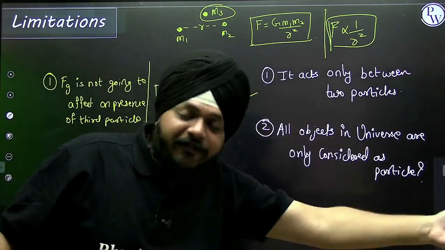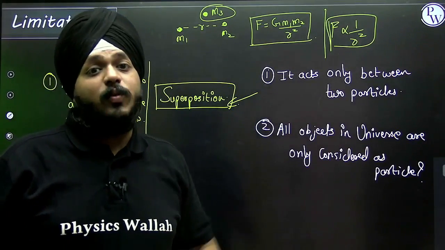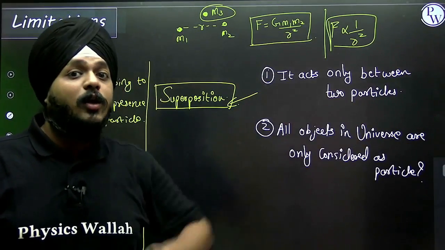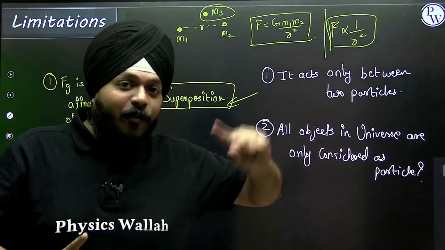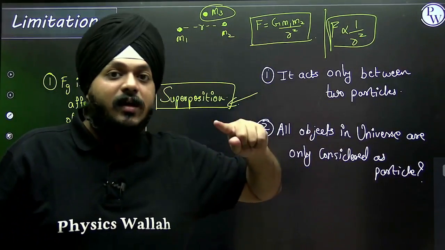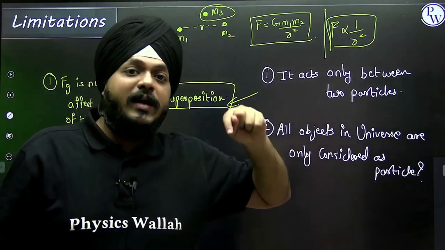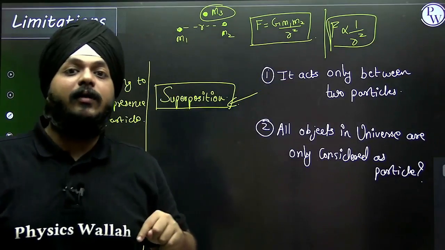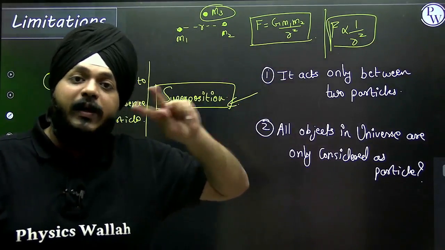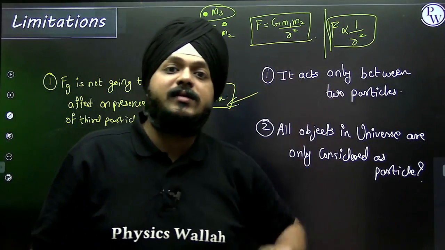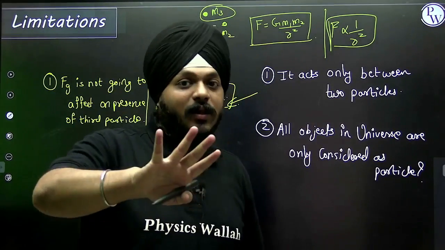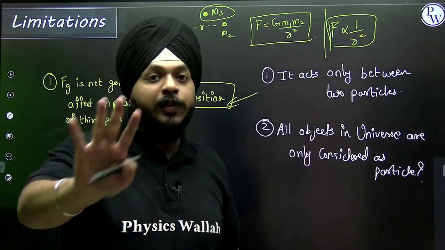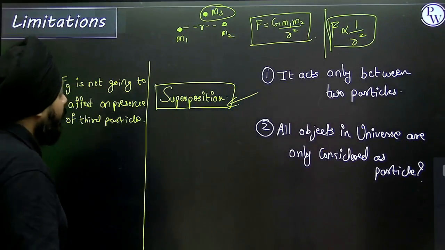The resultant force is going to change with the presence of a third particle, not the force between the first and second. There is a difference, so keep this in mind. We will discuss the resultant forces in the superposition principle. Don't get worried.